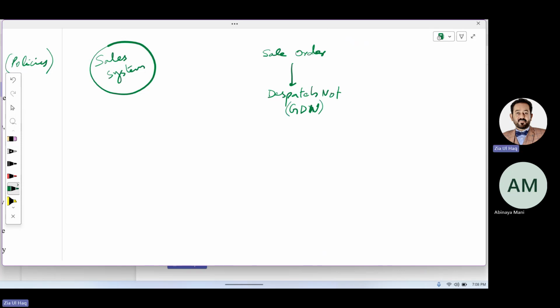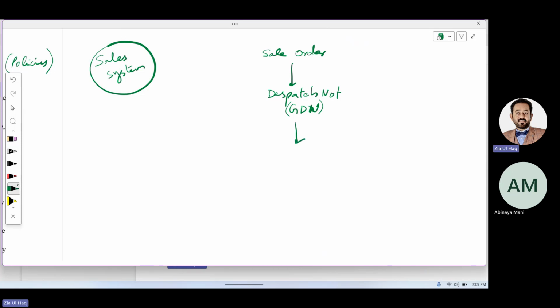The company sends 2 copies of the GDN to the customer along with delivery. One copy the customer will keep for his record, and the second copy he signs and returns to the company. We keep that signed copy as the GDN in our record because it is proof that the customer has received the goods. If there is no signature, the customer can deny in future, I haven't received the goods. So first the sale order, and then the GDN, goods dispatch note.